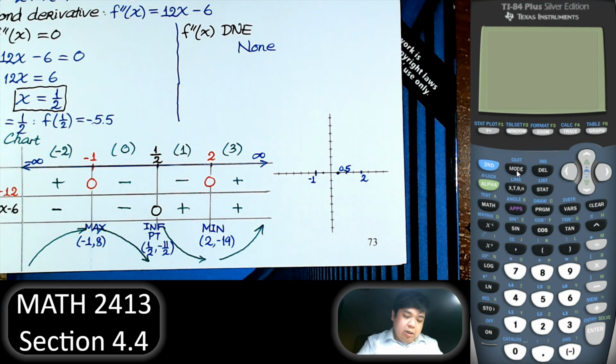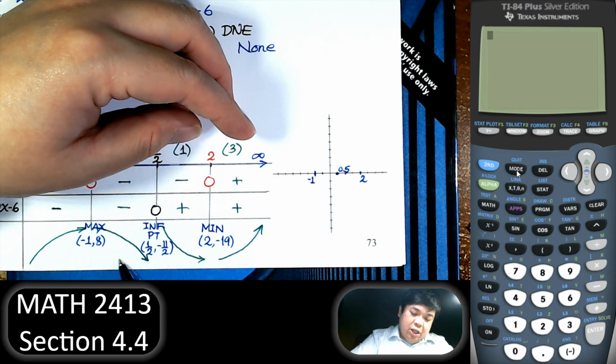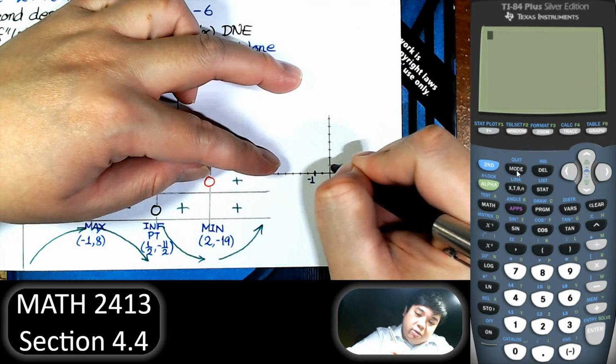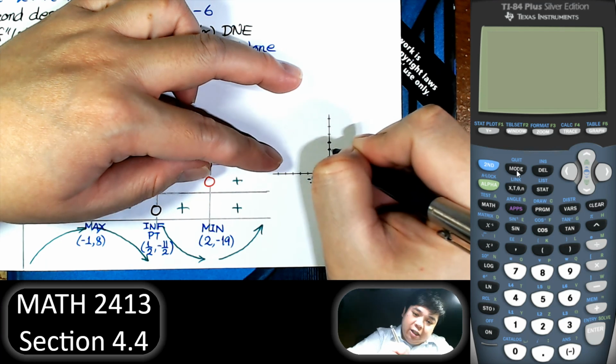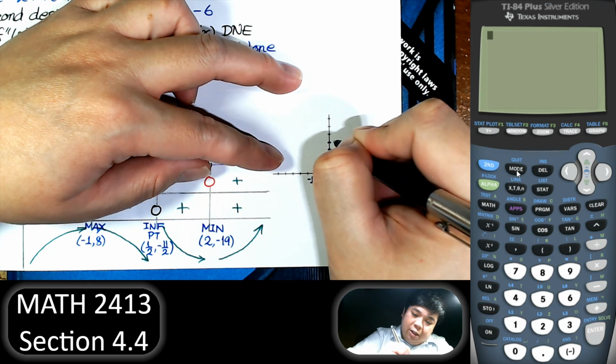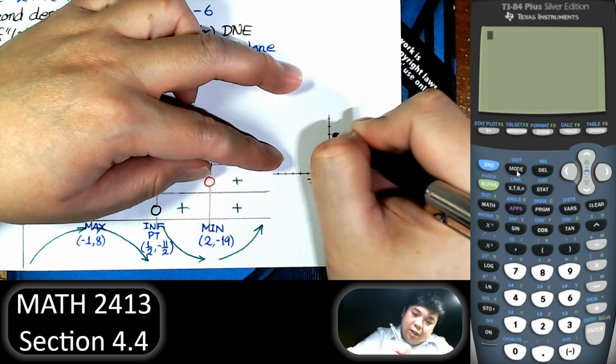And then the points. Since we go to 19, let's choose each one of them to be 4. So 4, 8, 12, 16, and so on.